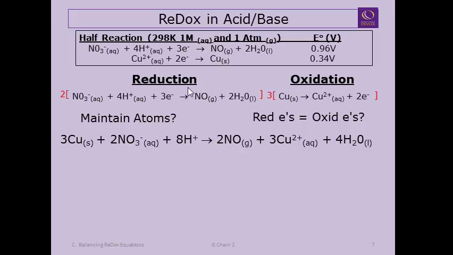And so these half reactions and the balanced overall reaction, this is what you need to do your battery work or to talk about the redox reduction.